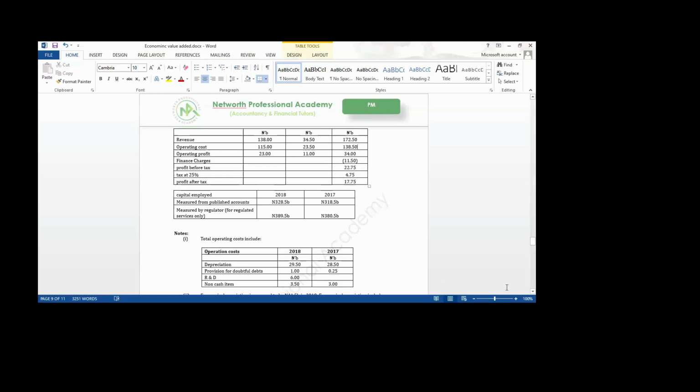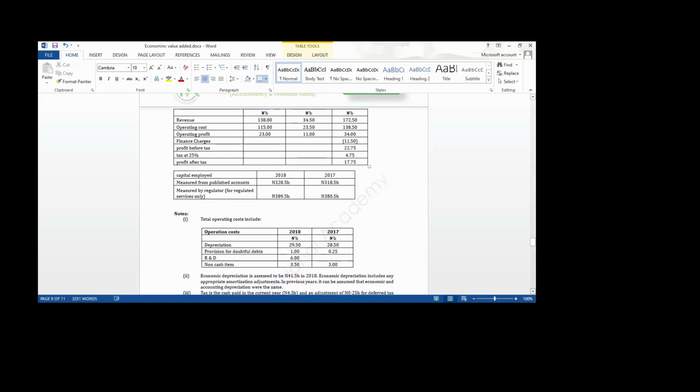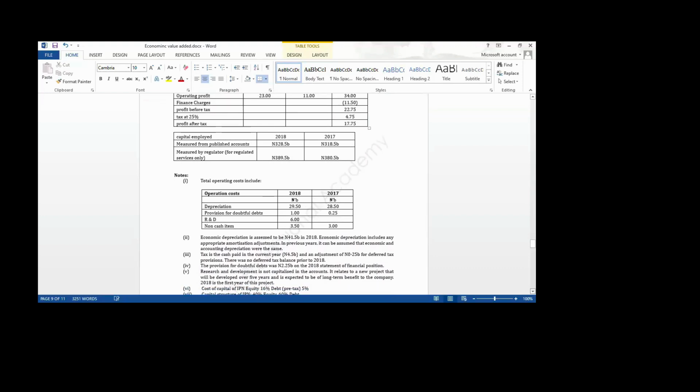Non-cash, 3.5, 2018. Note number 2. Economic depreciation is assessed to be 4.5 billion in 2018.